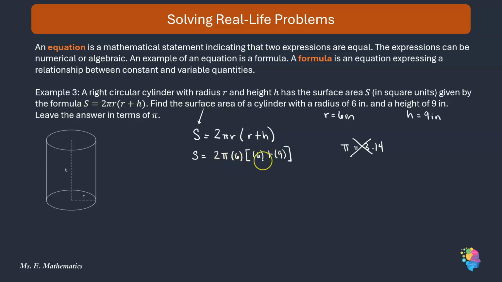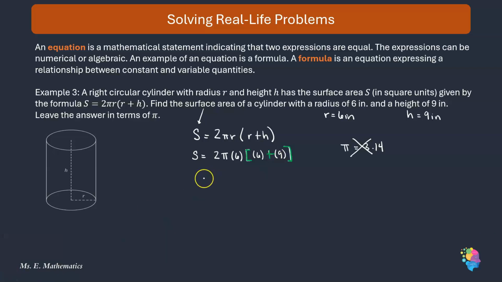So now we need to simplify this because this doesn't look very appealing. There's too many parentheses and too many square brackets and too many pluses and all of that. So we're going to simplify them using the order of operations. We're going to start with the parentheses right here, the grouping symbol, and we're going to add 6 plus 9.